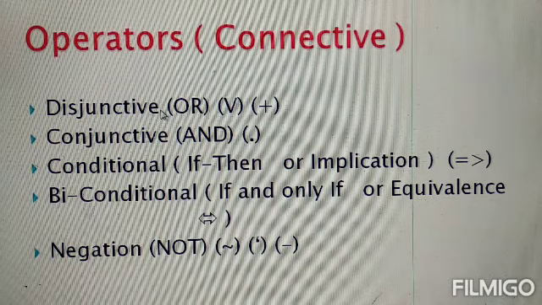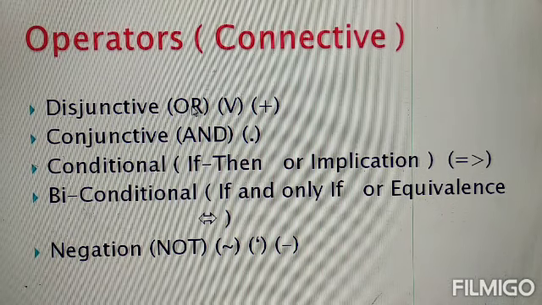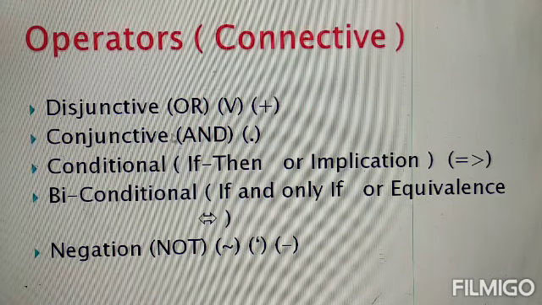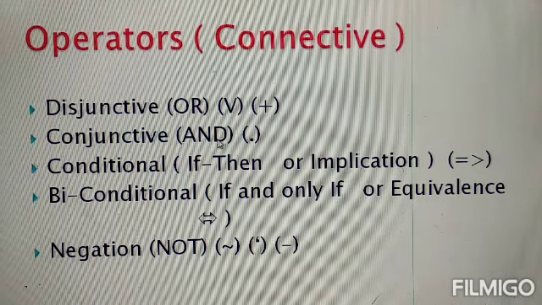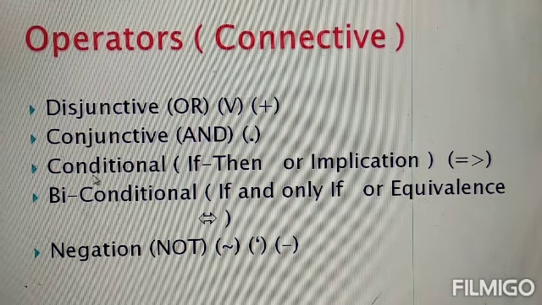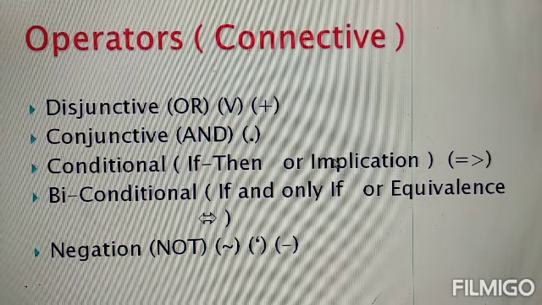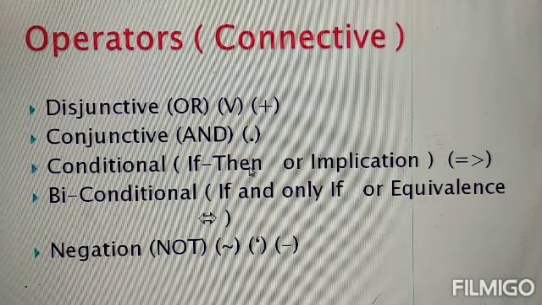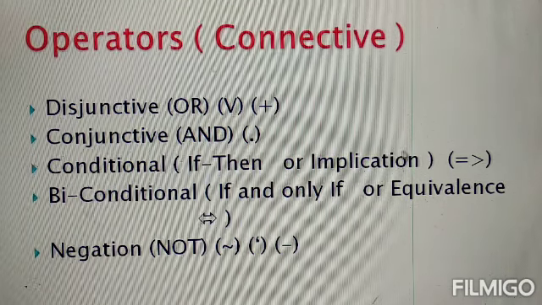One is the disjunctive or OR operator, and we represent it by these two signs. Commonly we use plus. Conjunctive is the AND operator and the symbol is dot. Conditional is the implication operator. The keyword used for this is if-then and its symbol is this.